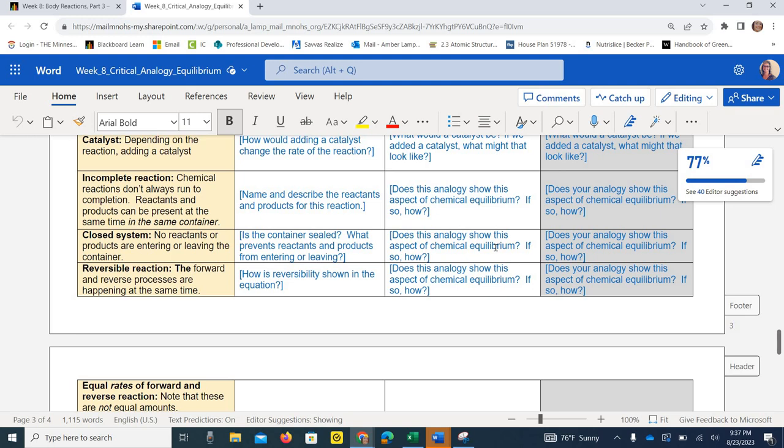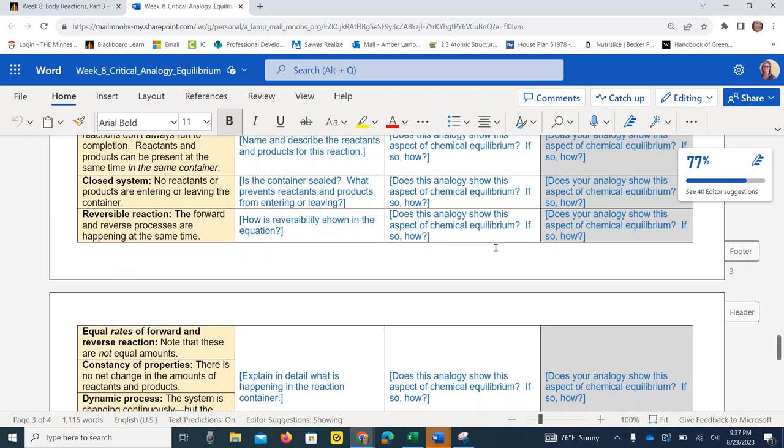If an escalator is going to bring people from one level to a higher level within, let's say, a shopping mall, my reactants are going to be the first floor individuals, and my products are going to be the second floor individuals. Now, I will still have people on the first floor, even though I have individuals going up the escalator onto the second level. So it's never going to be complete. I'm never going to have all these people going up to the second level and not have anybody on the first level. So that's my analogy in terms of an incomplete reaction.